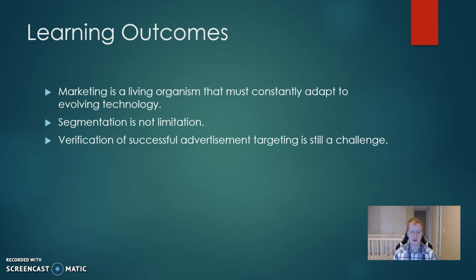Another thing that was discussed in the article is that verification of successful advertisement targeting is still a challenge. So how can a marketer verify that their advertisement caused a sale to occur?